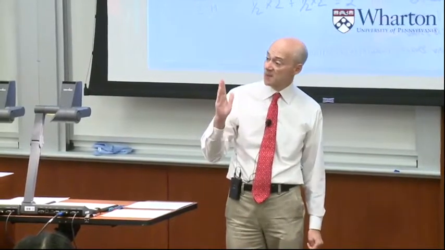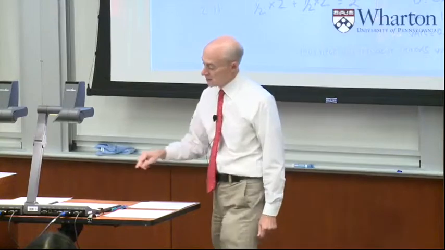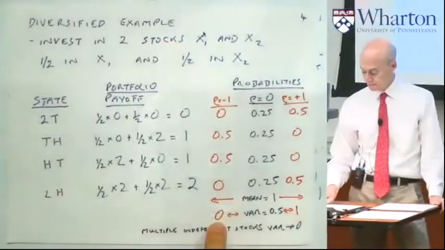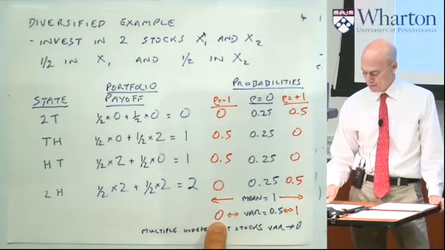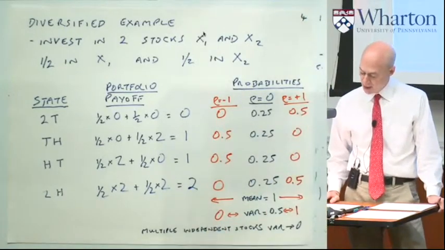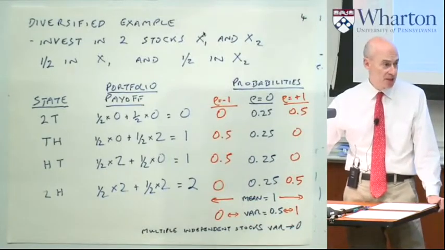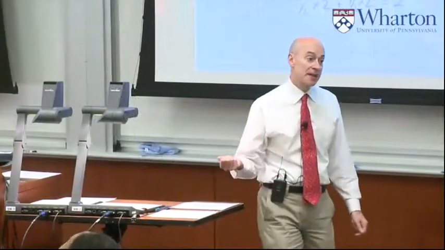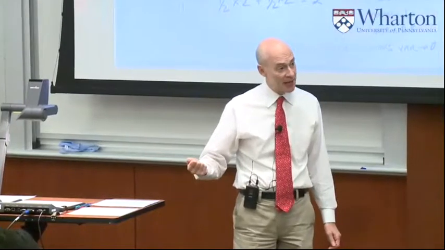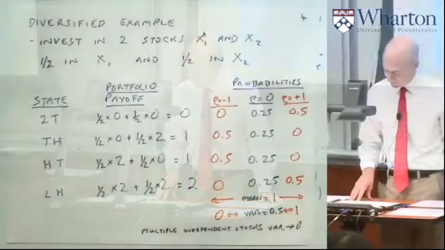If you're always at the mean, then the variance is 0. And that's what's happening here. If we go to the other extreme of +1, then we're back to having one stock, essentially. You get one tail, you're going to get another tail. If you get one head, you're going to get another head. But you never get any cancelling out because the two outcomes are the same.